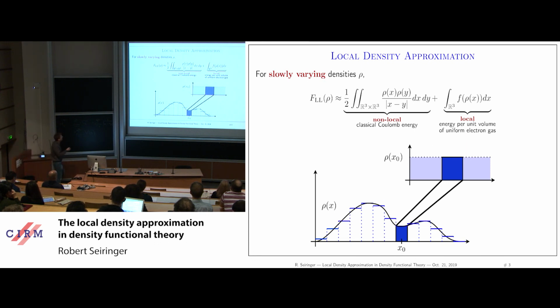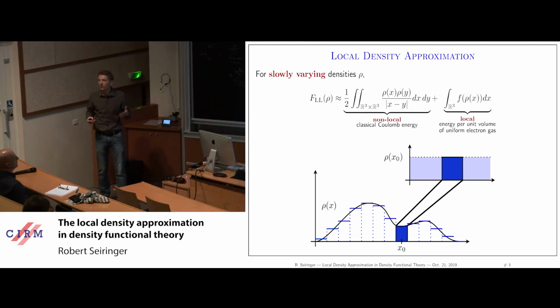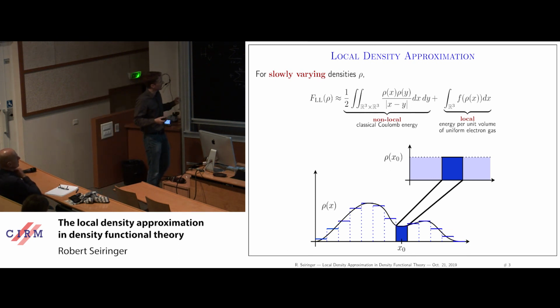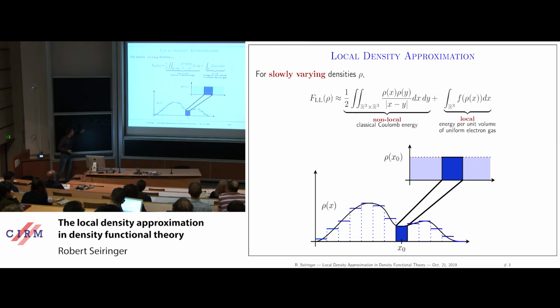And then the local density approximation amounts to the following. You would argue that this energy functional should essentially be local, except for a trivial non-local term, namely the Coulomb interaction of the density distribution itself, right? Clearly we're describing particles with Coulomb interaction, so there's a long-range force, but this long-range force we describe classically. Think of rho as the charge distribution of the electrons, so there should be a direct contribution to the energy, this classical Coulomb energy.